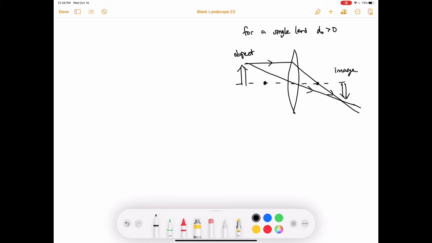But notice that the object is on the left side of the lens, and the light is coming from the left side. In other words, these rays of light are originating from the left side of the lens.